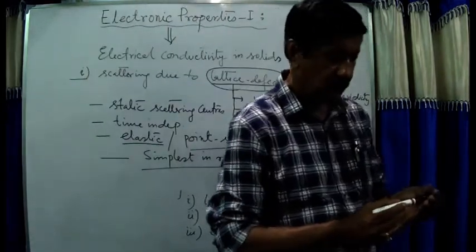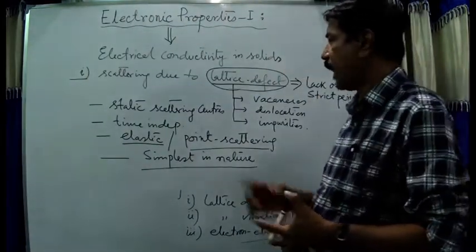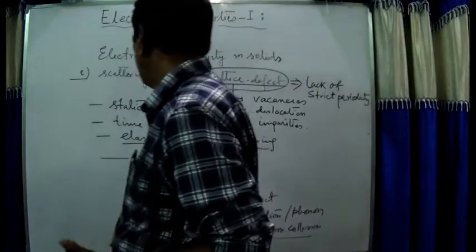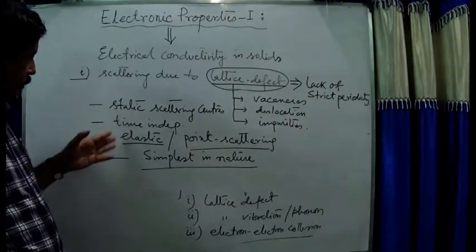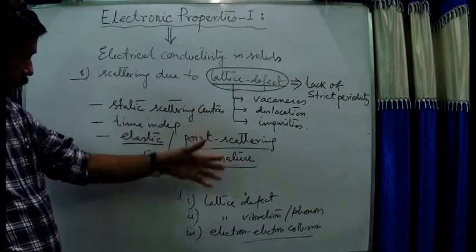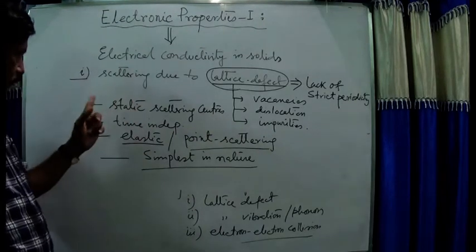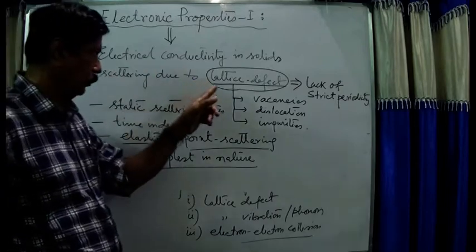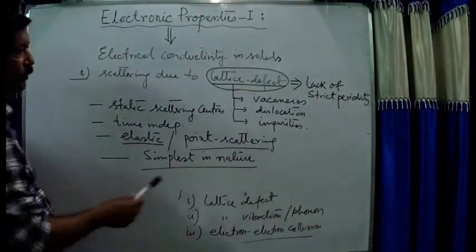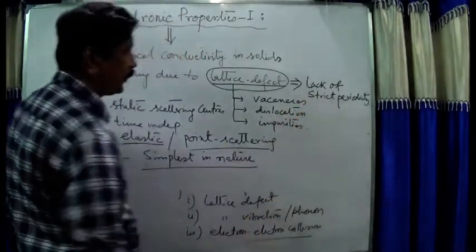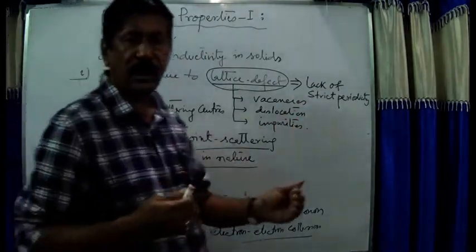So for the time being, we can consider only these main features for scattering due to lattice defect, or scattering arising out of lack of strict periodicity in the crystal lattice.